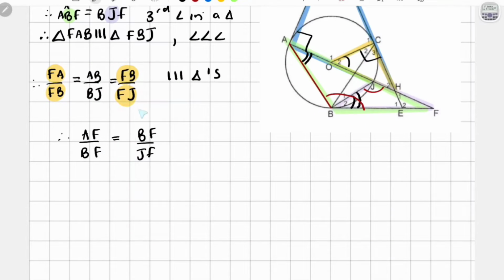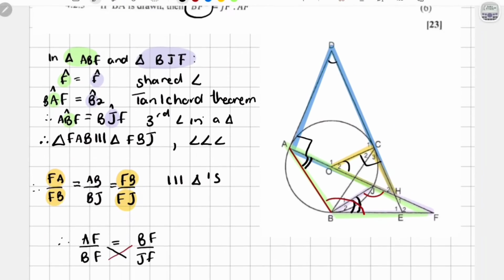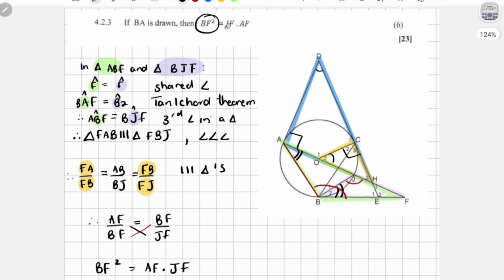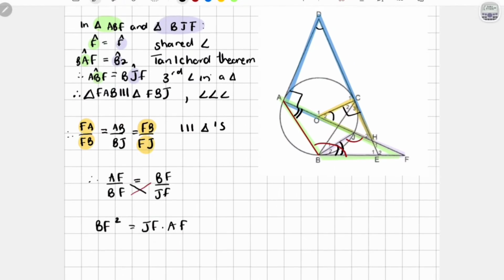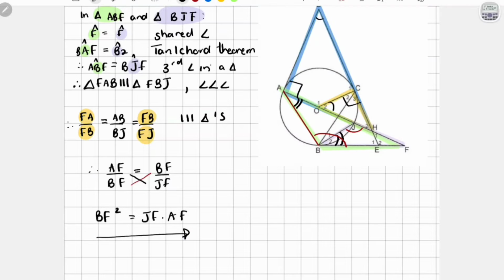So the BF multiplied by the BF gives you BF squared. And then the AF multiplied by the FJ is just AF multiplied by JF, right? So there, do you see that it's exactly the same? If you like, you can just switch them around. They're still going to be the same. So I can just rewrite that as JF times AF. So there, and that's how we get that answer.